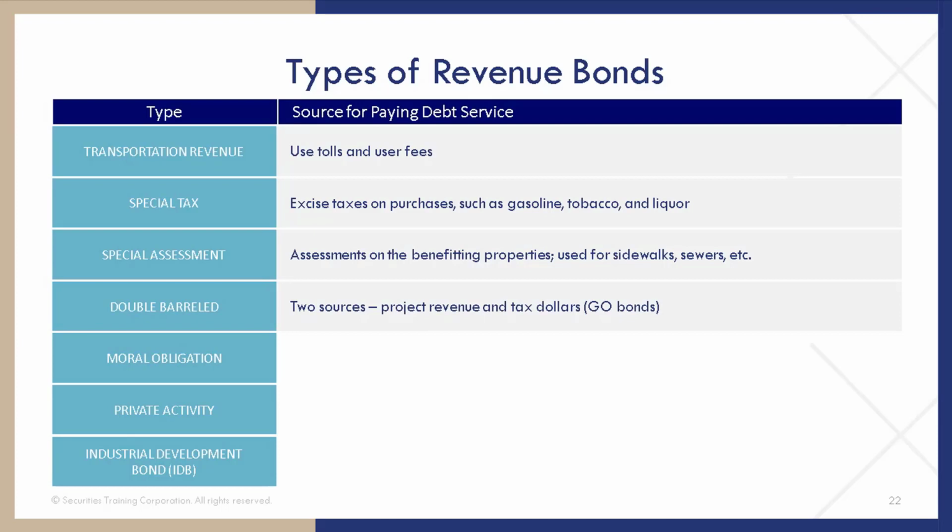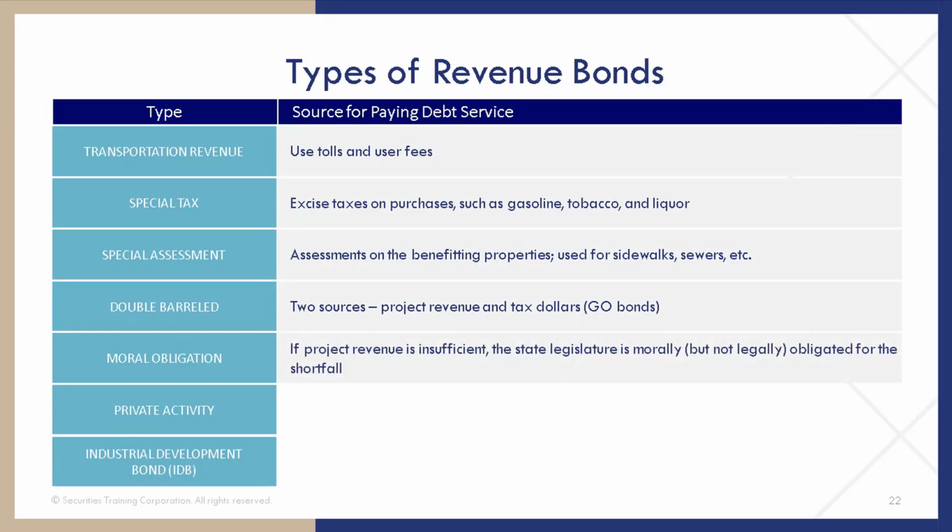Now, don't confuse that with a moral obligation bond. Again, it's a revenue bond backed by revenue, but what the state legislature has said is if the revenue isn't sufficient, we will vote to appropriate the funds as needed.